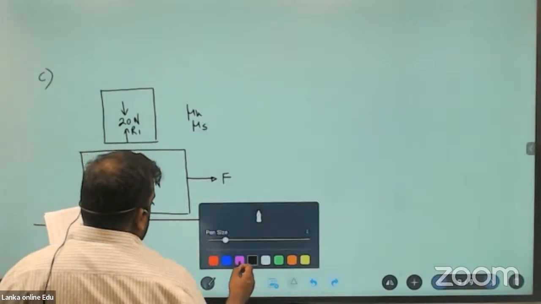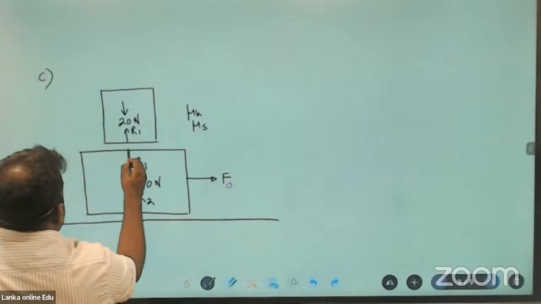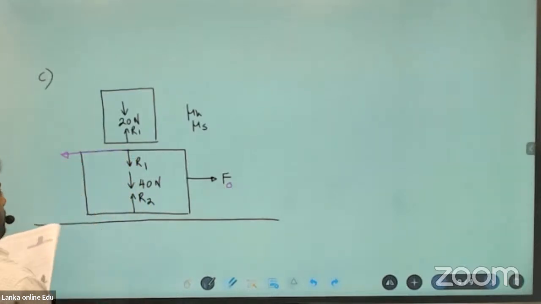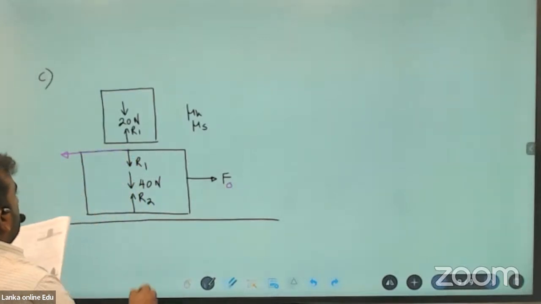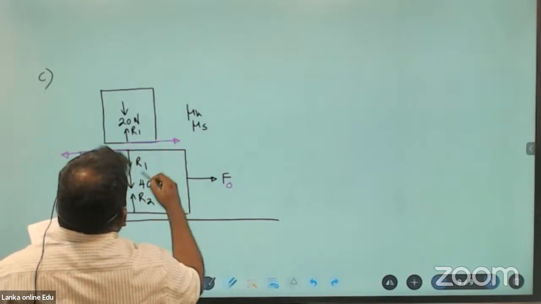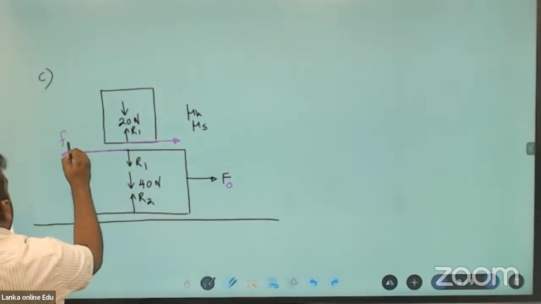Maximum force here will occur when both of them are moving together, at limiting friction.